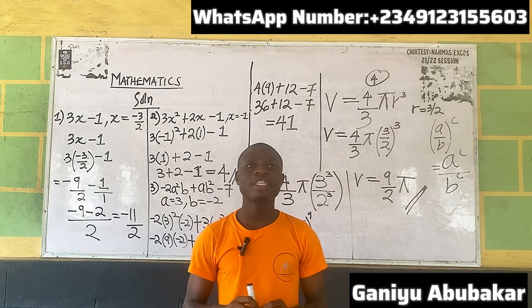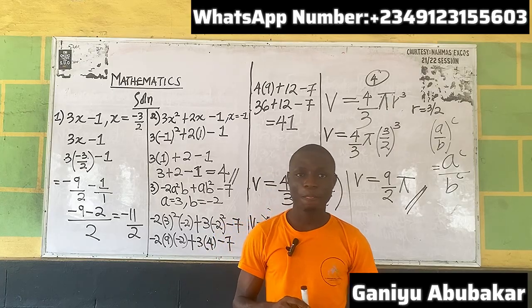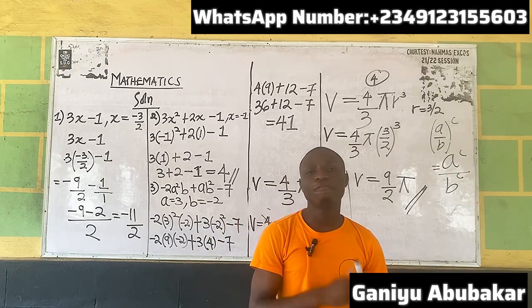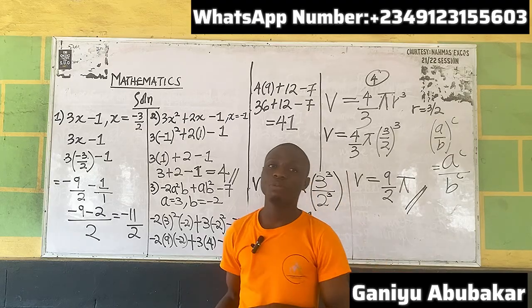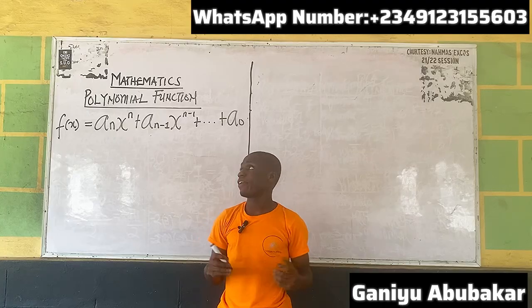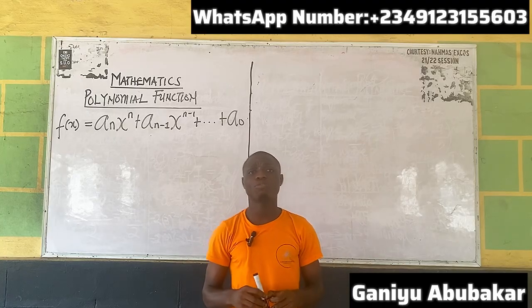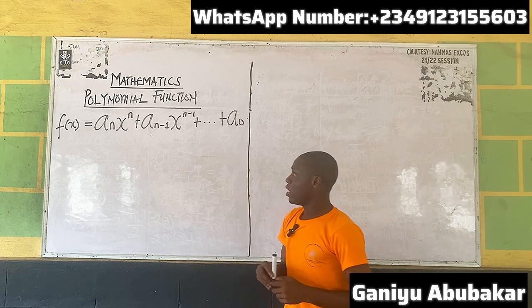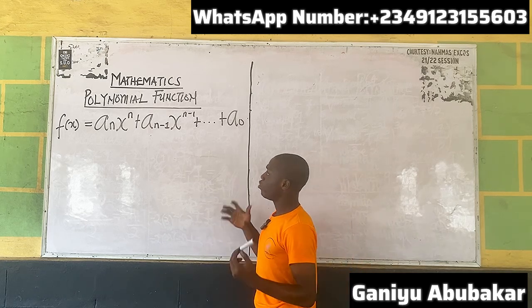polynomial. Finally, last part. Look at the last part here, called the function of a polynomial. So let's look at the final concept when it comes to polynomials. For this final concept, we look at the polynomial function.